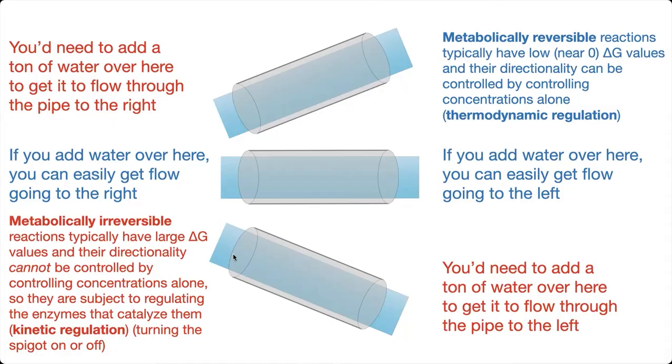But if you have an enzyme that's going to make it so that you can go through the pipe, then it's going to go through in the direction that is thermodynamically favorable. But then you're still going to be hard to go backwards. Okay, so that would be a metabolically irreversible reaction. We're controlling the enzymes. We call this kinetic regulation.